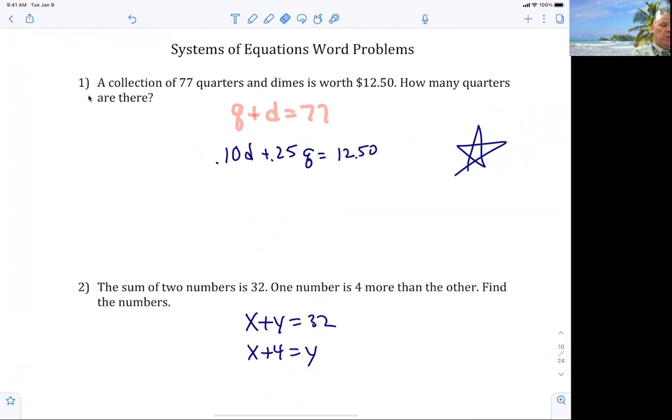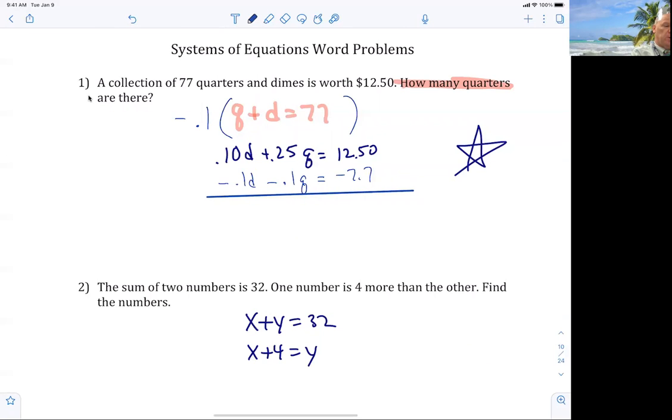So since we're looking for quarters, I need to eliminate the what? The dimes, right? So I'm just going to multiply this by negative 0.1. So that gives me negative, what am I getting rid of? The dimes, yeah. Negative 0.1d minus 0.1q equals negative 7.7. Do you agree with that?